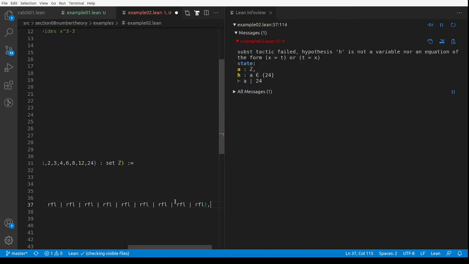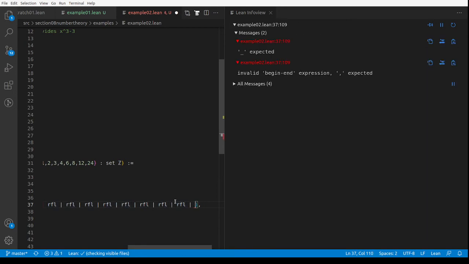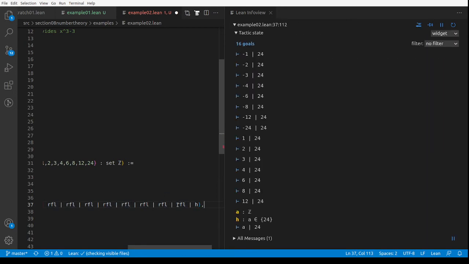Now let's get rid of that one. Oh, is that? Yeah. No, it didn't quite do the last one. I think that's definitionally A is 24, but somehow Lean didn't spot that. So anyway, now we've got 16 goals.